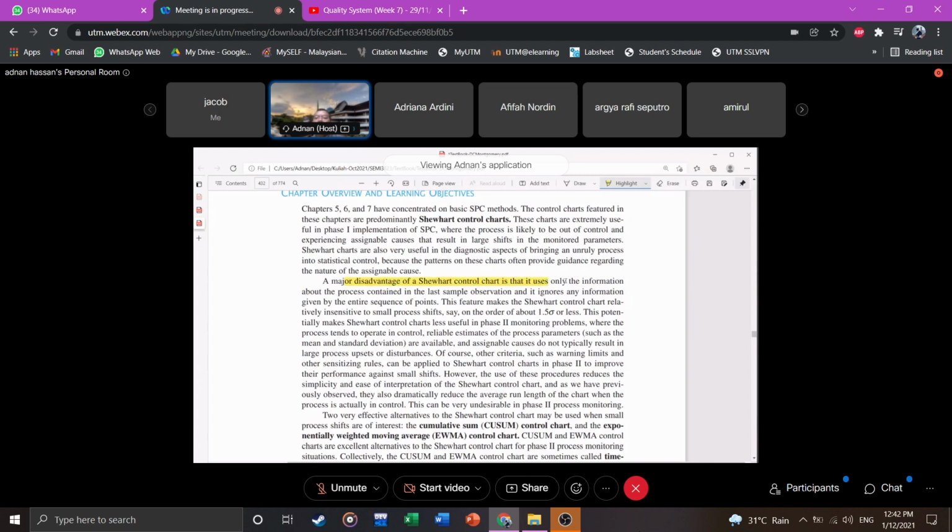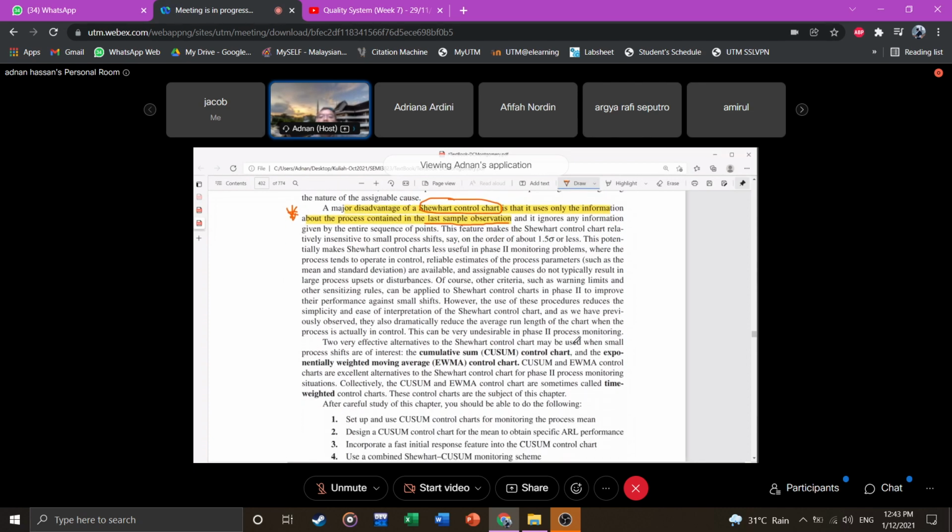It uses only information about the process in the last sample observation. This is the limitation of the Shewhart control chart. That is where decision making is done, unless we are using the runs rule. The runs rule is where we use more than 1 point to make a decision.